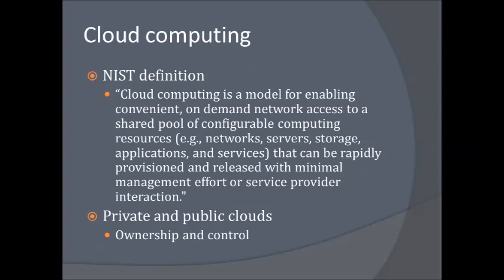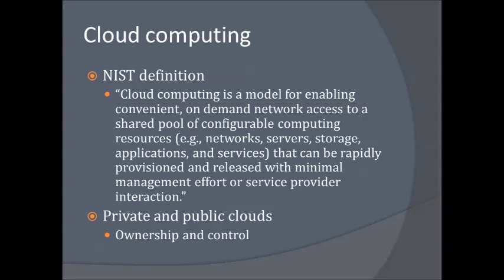All right, before we talk about public and private clouds, it might be good to talk a little bit about what cloud computing is. Cloud computing is a way of sharing resources and a way of spinning up or provisioning resources in a very short time frame. And what I've included here is the NIST definition for cloud computing. Cloud computing comes in really two flavors, private and public clouds.